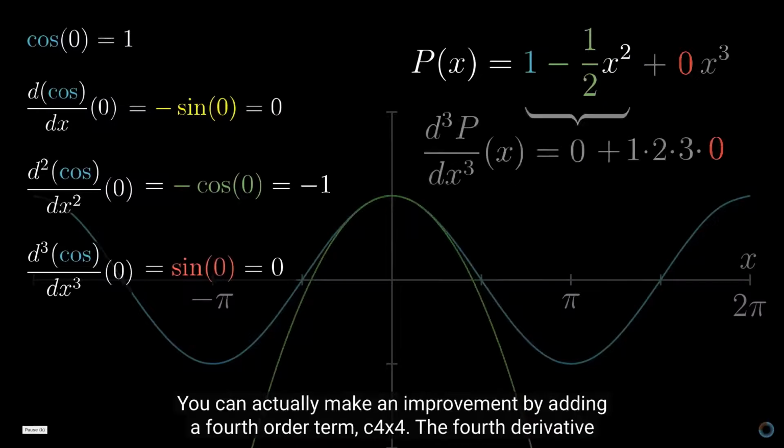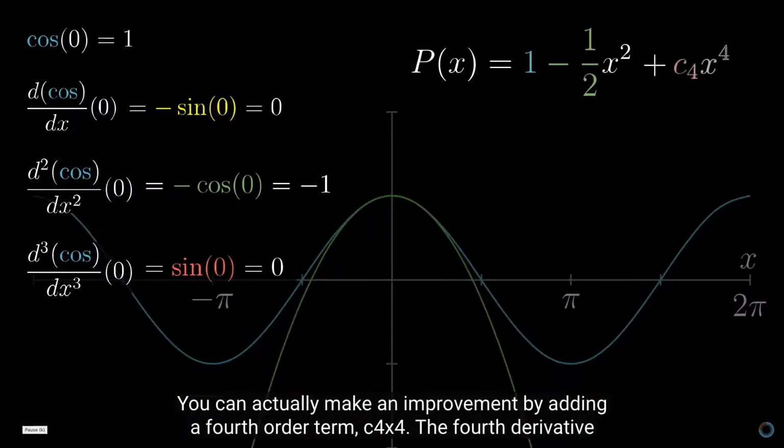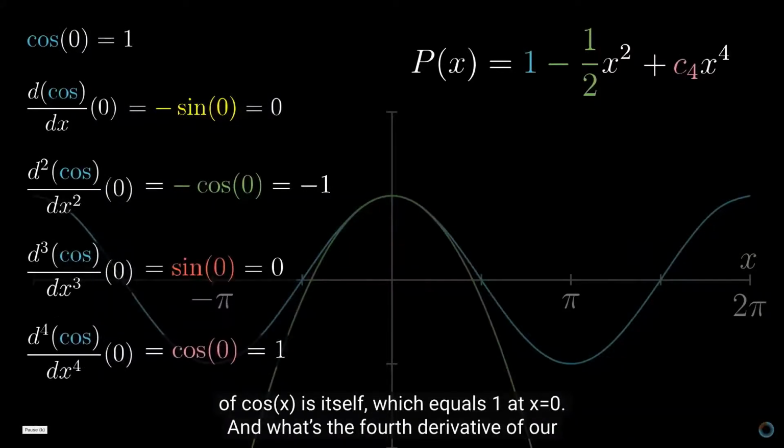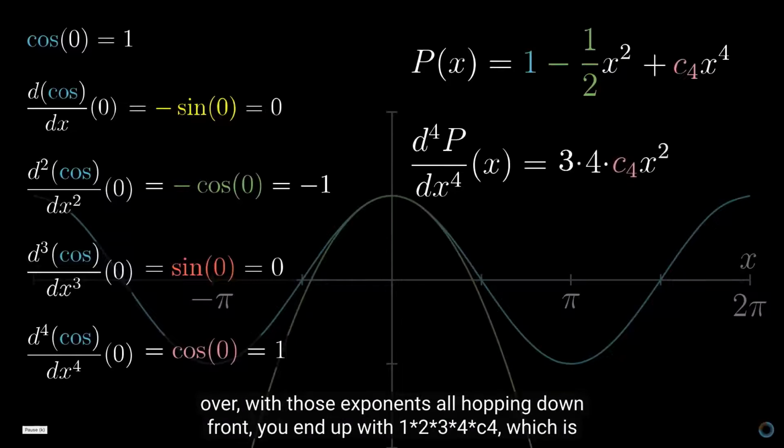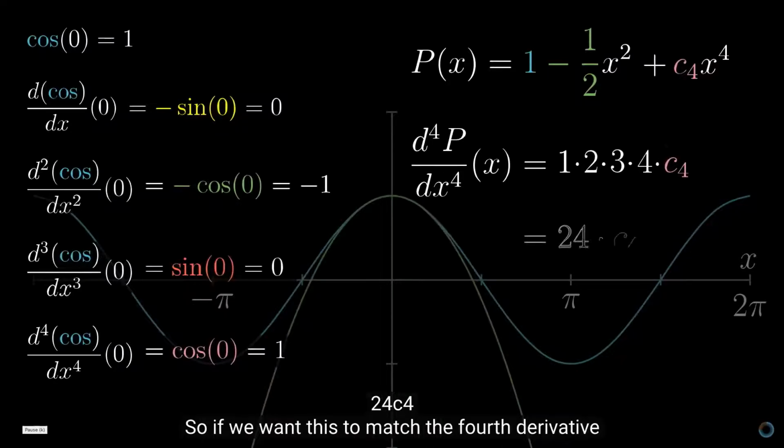You can actually make an improvement by adding on a 4th order term, c4 times x to the 4th. The 4th derivative of cosine is actually itself, which equals 1 at x equals 0. And what's the 4th derivative of our polynomial with this new term? Well, when you keep applying the power rule over and over, with those exponents all hopping down in front, you end up with 1 times 2 times 3 times 4 times c4, which is 24 times c4.